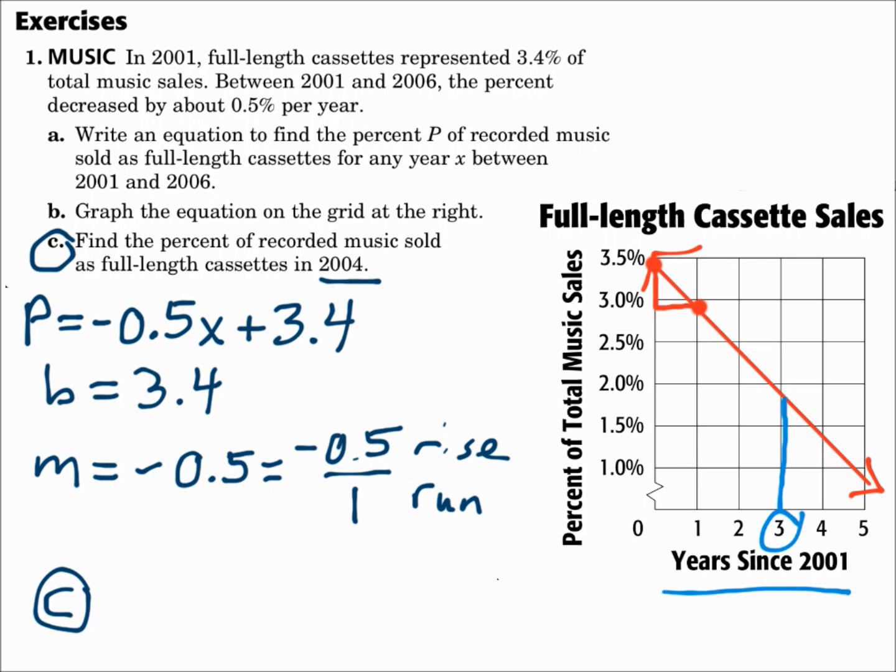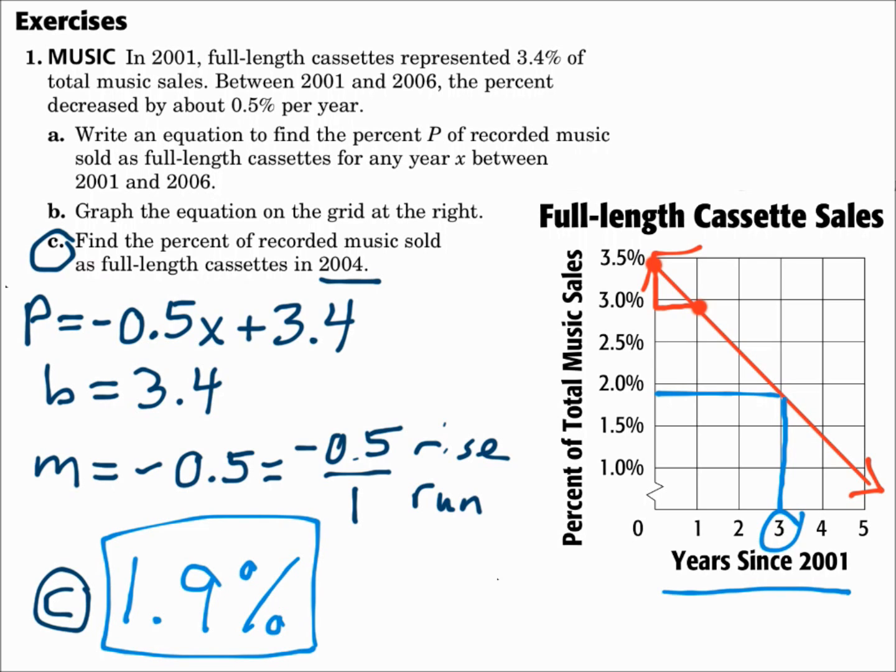Well, 3 matches approximately 1.9% when you get to the line. So about 1.9% is the amount of music sold as full-length cassettes. Use the graph for the year you're being asked about. Where does that hit the line? And then bounce that over to the other axis to get the number.